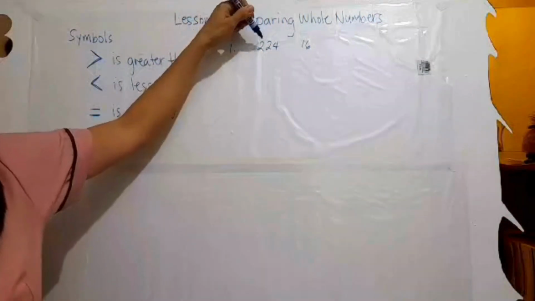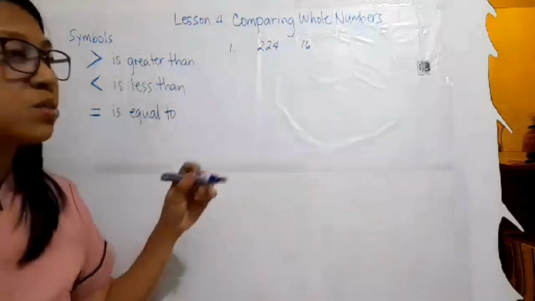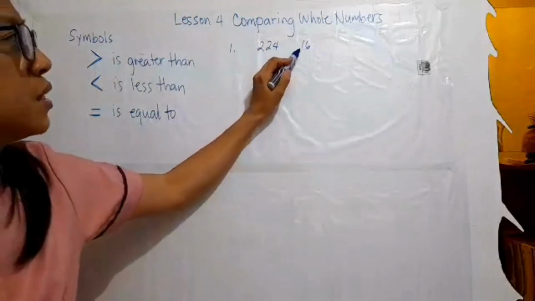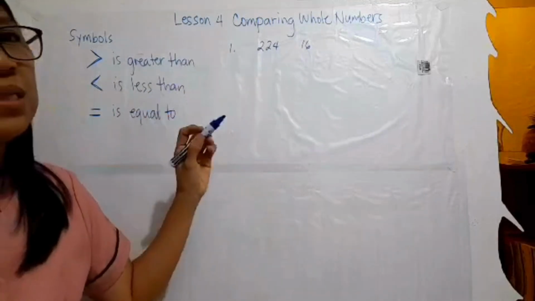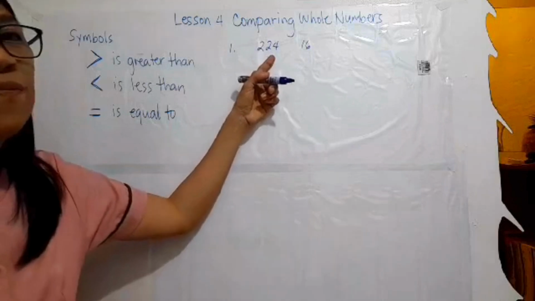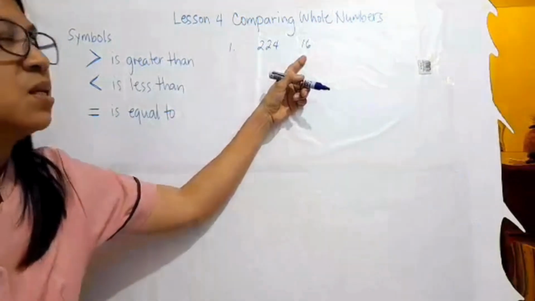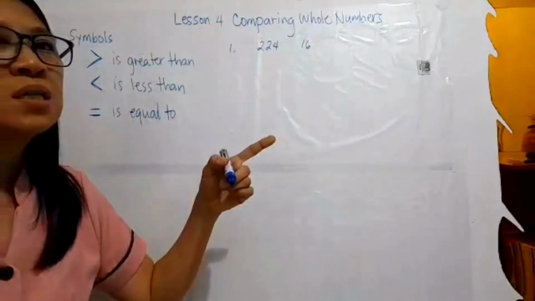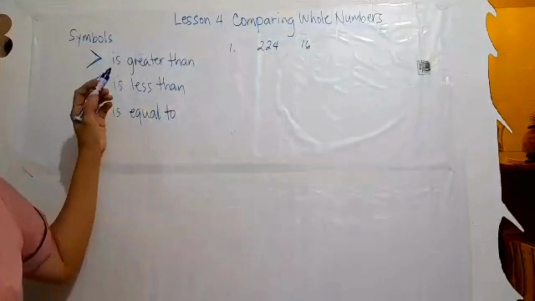Let's take this example. So we have 1, 2, 3. We have 3 digits on the first number. And the second number, we have 1, 2. We only have 2 digits. So that means that 224 is a bigger number than 16. Bigger can also be put as greater.